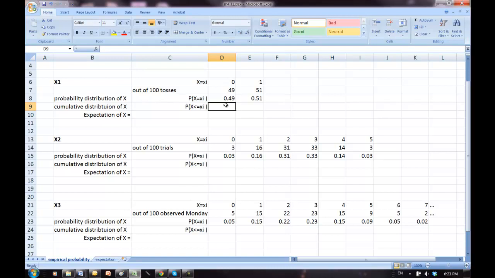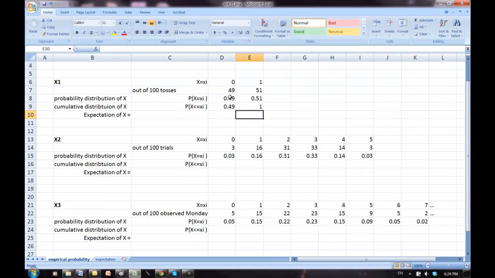So you would have 0.49 here. But look at this one. Again, the definition of the cumulative distribution is the chance of x taking on a value that is less than or equal to 1, that would include both 0 and 1. Therefore, the probability will be the sum of both cells.